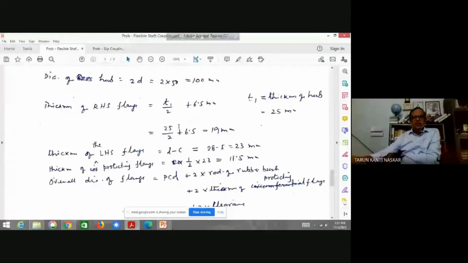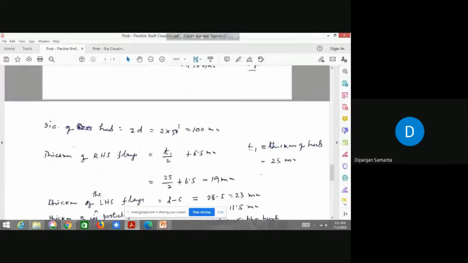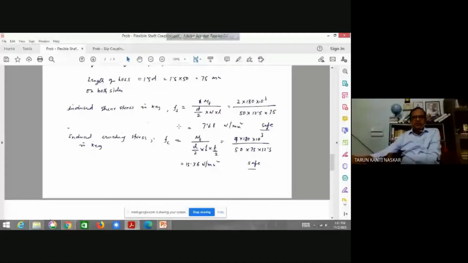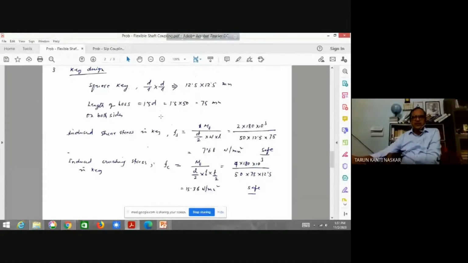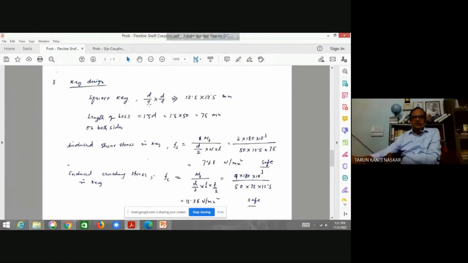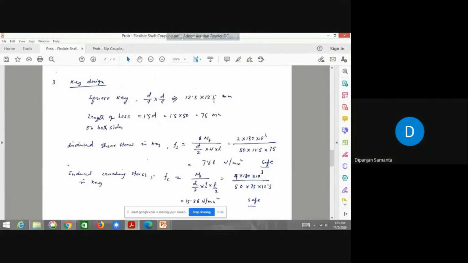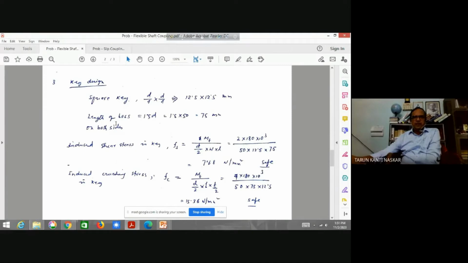Yes, which one? Key design, that means this is the dimension of the key, considering a square key, it is d by 4 by d by 4. Okay, 12.5 by 12.5. Length of boss, that is from the empirical relation, length of boss means length of key. Okay, so that is 75 millimeter on both sides.